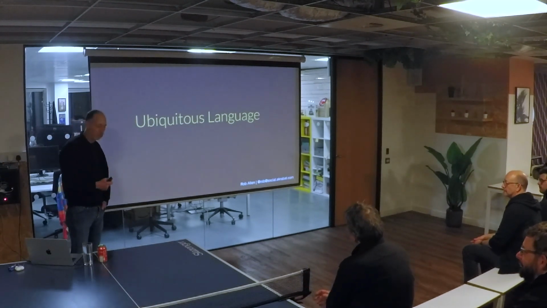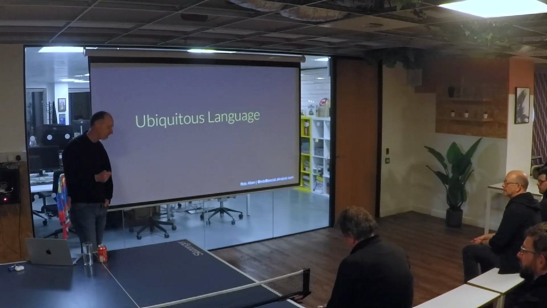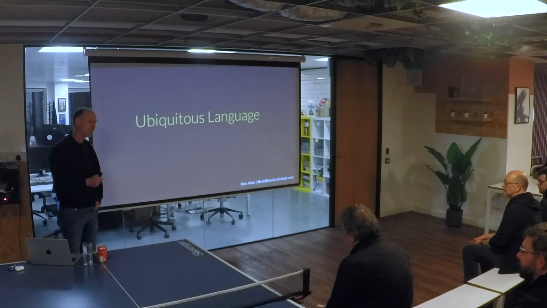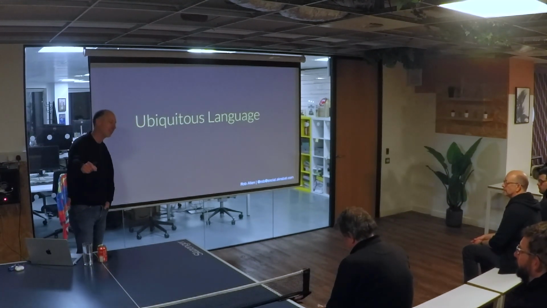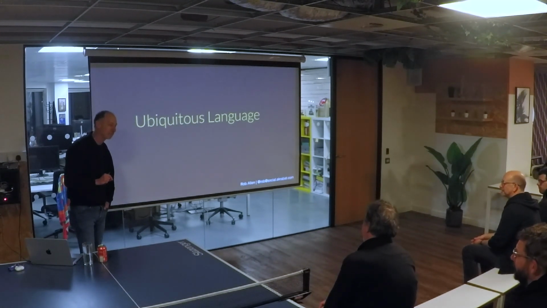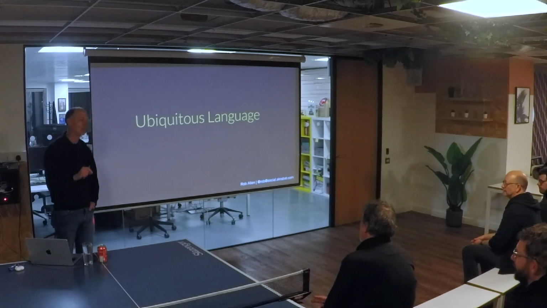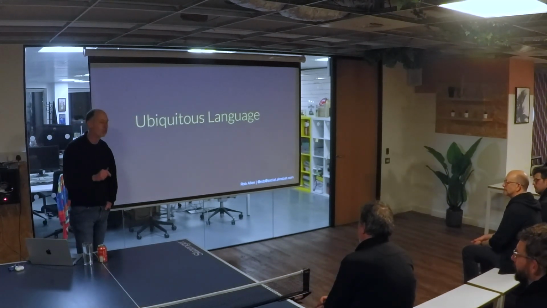The thing about ubiquitous language is that we are trying to avoid talking at cross purposes. Talking at cross purposes is the most expensive mistake you can make in software development. When your customer asks you for something, you think you've understood what they've said, and you go and build it, and then they say, "That's not what I meant." You have failed at communication. You have not shared the same language when you were talking.